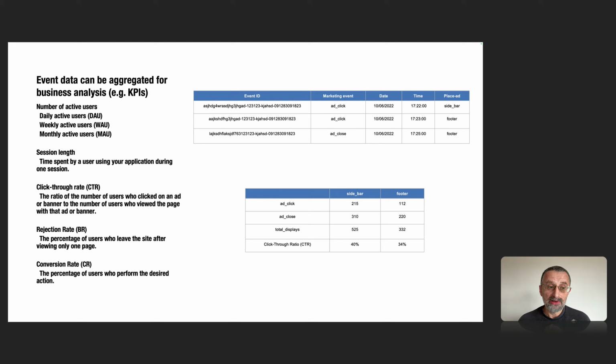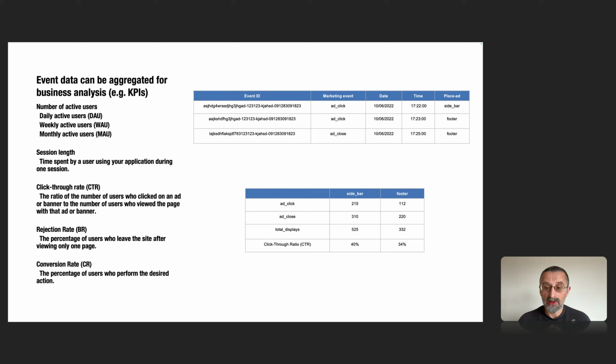That may be also the session length, like the time spent by a user using the application during one session, or click-through rate, a very important part of internet campaign measurement. Click-through ratio, which is the number of users who clicked on an ad or banner to the number of users who viewed the page.